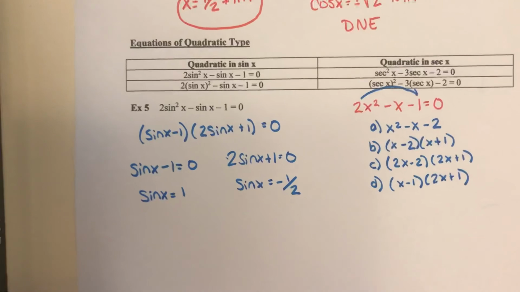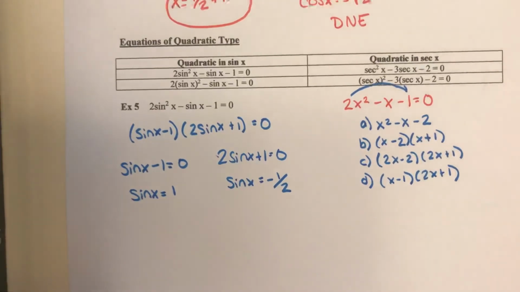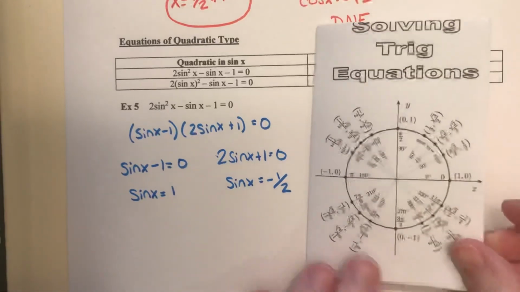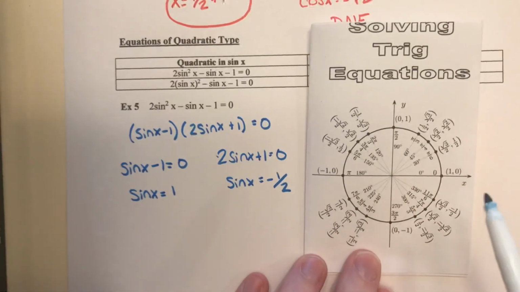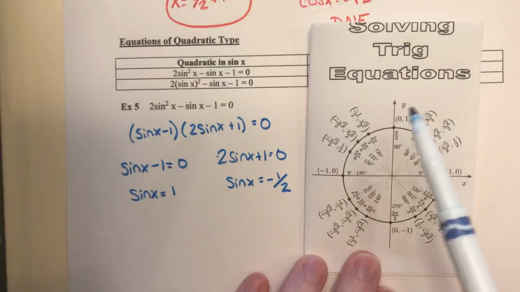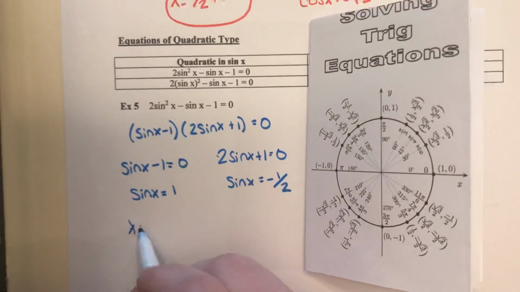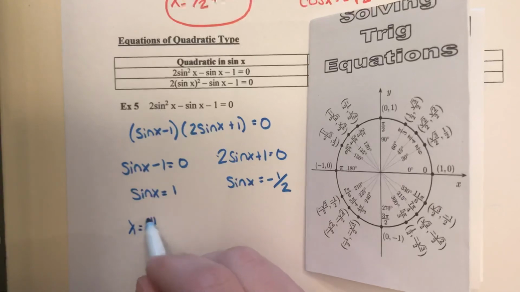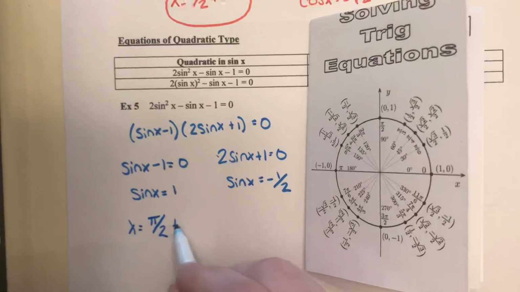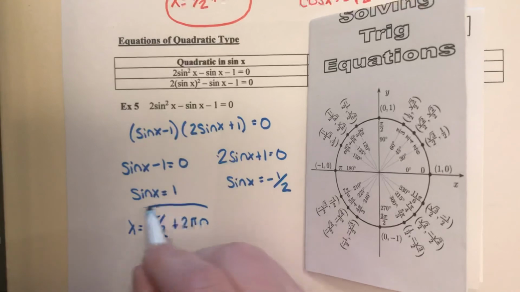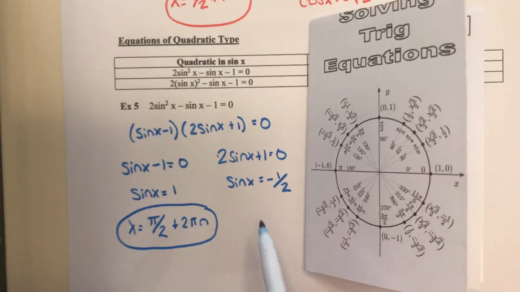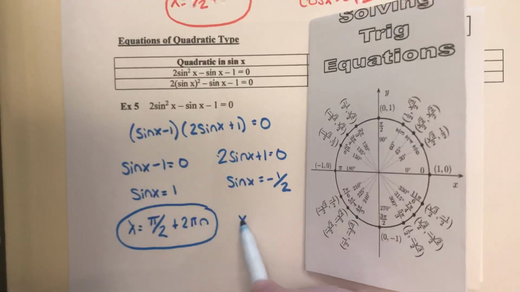Now I'm going to go to my unit circle. So we've got sine, so it can be anywhere between 0 and 360. First I want to know where sine equals 1. Sine is the y. Sine equals 1 at pi over 2, and I'm going to add a 2 pi n to that. And I also want to know where sine is equal to negative 1/2.